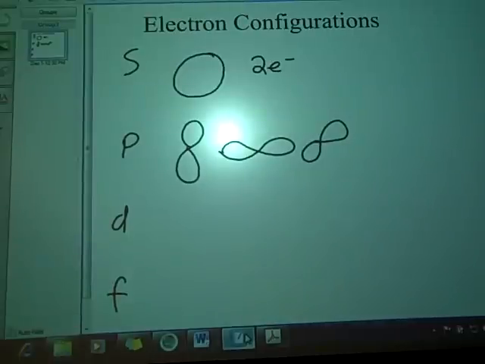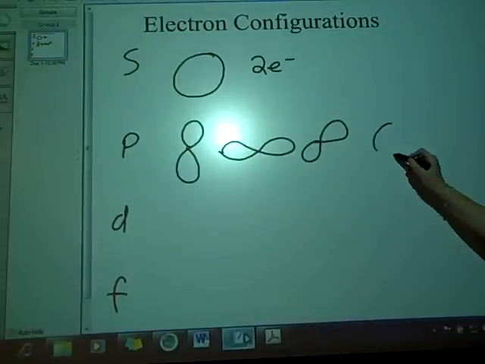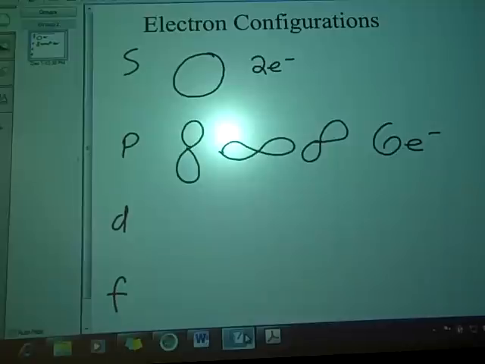So three different rooms in this p suite. I can fit two electrons in each of these rooms for a grand sum total of 6 electrons that can find their home in the p suite. Again, these are three-dimensional shapes in which electrons will be most likely found.